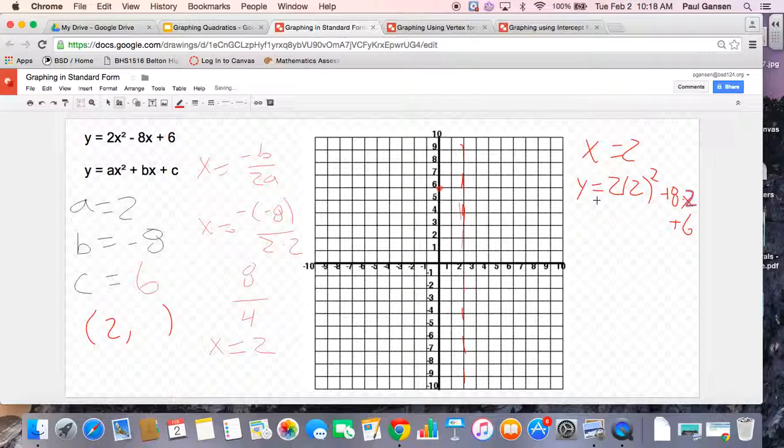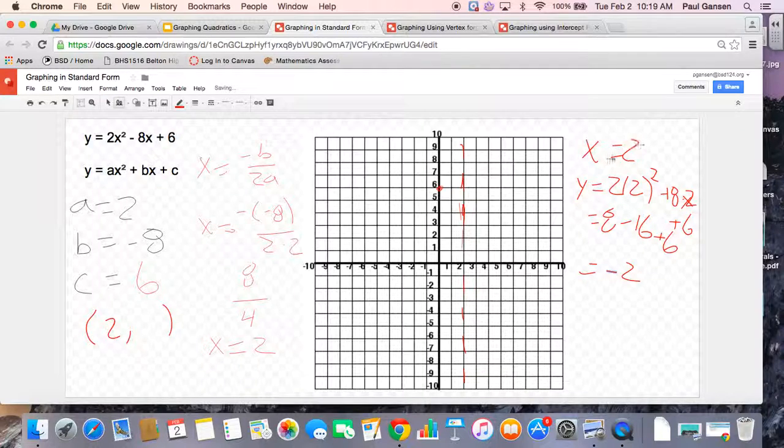That's my mistake. Okay, so 2 squared is 4 times 2 is 8. And then minus 8 times 2, 8 times 2 is 16, plus 6. 8 minus 16 is negative 8, plus 6 is negative 2.